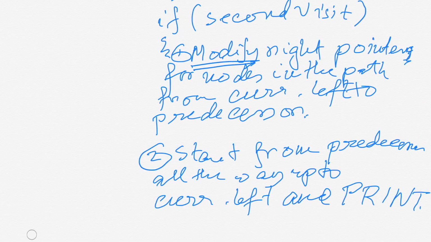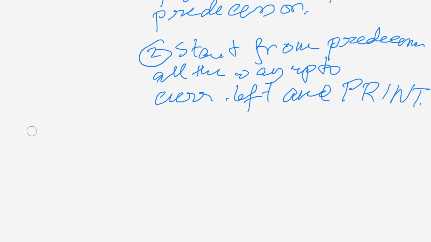So after you have done this, you will have to move on. If we have come till here, this means that the left subtree of the current node is processed.